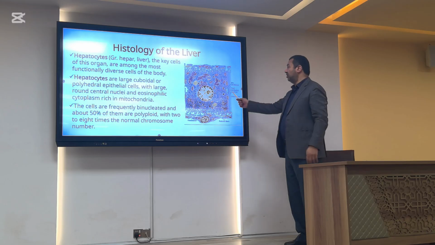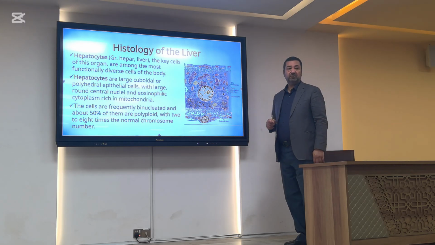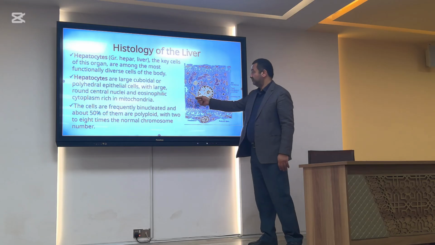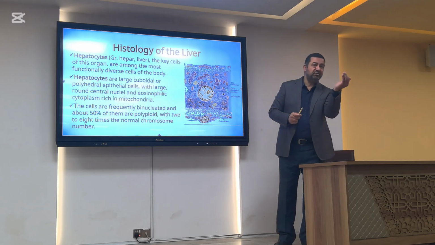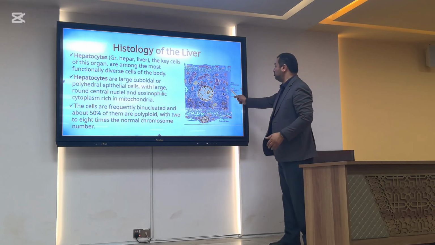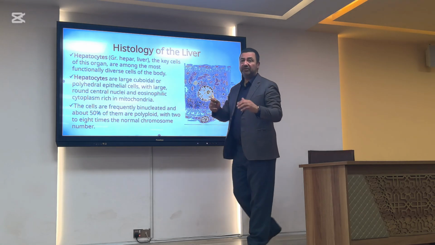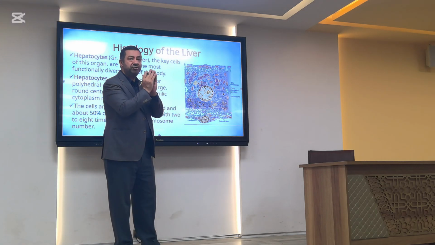But on the lateral wall of the hepatocyte, you see here a depression that, when 2 hepatocytes attach together, makes a tight junction together.